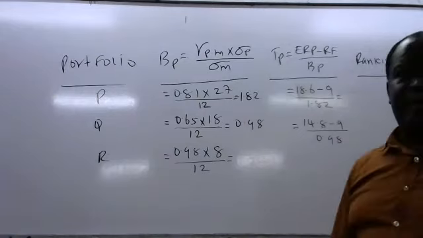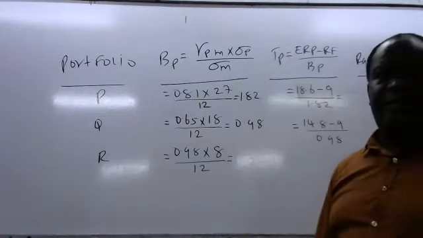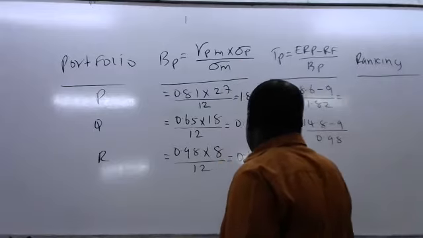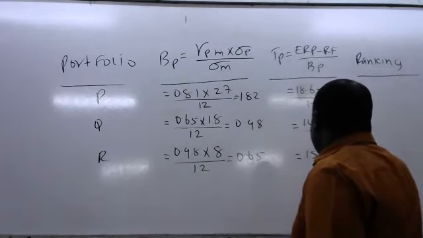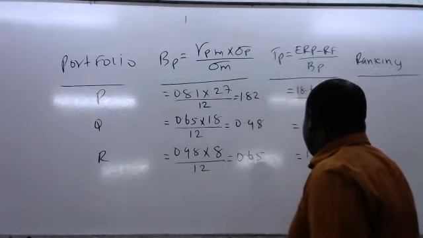That should give us around 0.65. When it comes to this point, the expected return for the portfolio will be which value? 15.1 minus 9, also divided by 0.65.